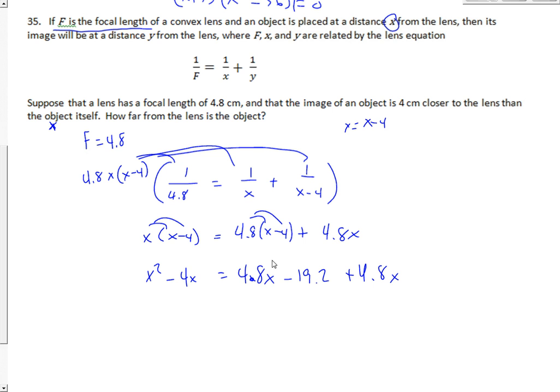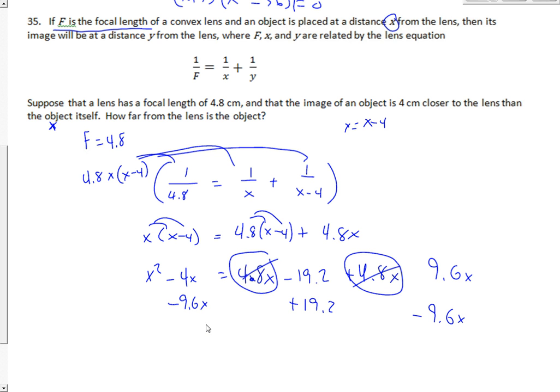All right, so 4.8x plus 4.8x is 9.6x. So I'm going to subtract 9.6x from both sides. And I'm going to add the 19.2. So that gives me x squared minus 13.6x plus 19.2 equals 0.